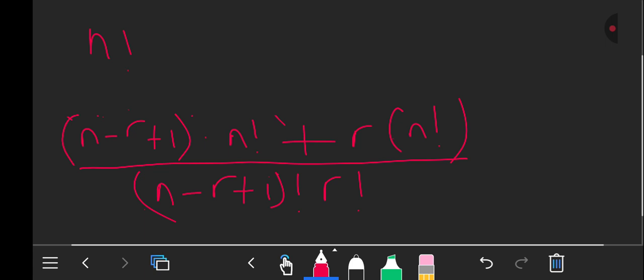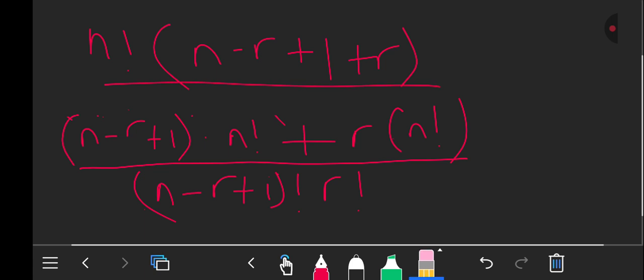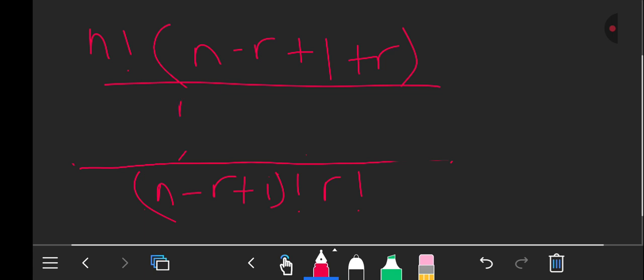Then in brackets we're going to remain with n minus r plus 1, then with this r plus r, then over on the denominator, this is what we are going to have, the same one, n minus r plus 1 factorial r factorial.